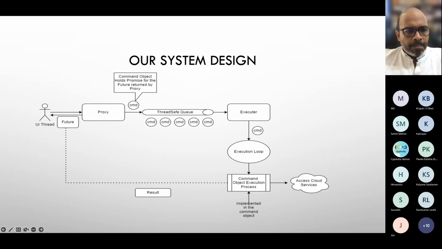What the proxy does is it creates a command for this request and gives back a future. Now this command has the promise part of the future. So the promise is not exposed to the user.